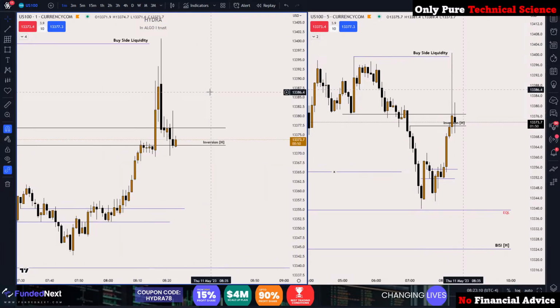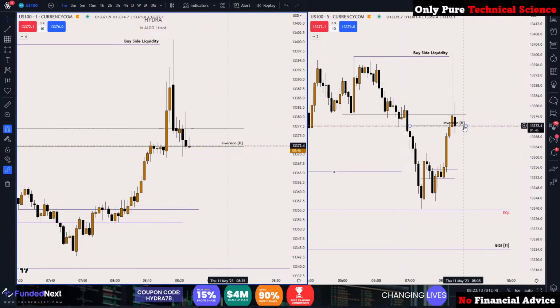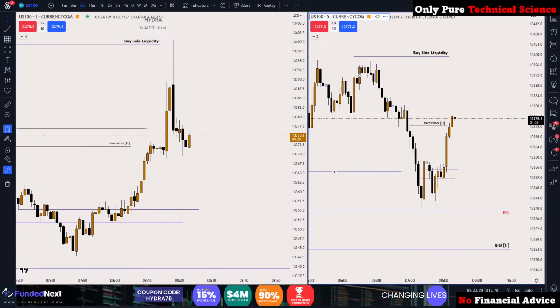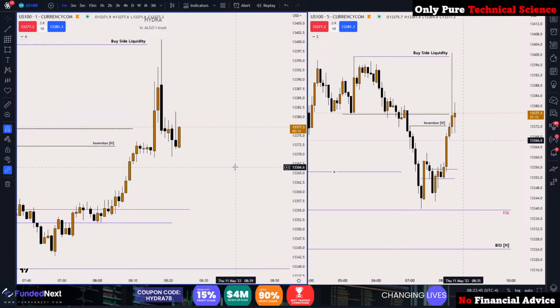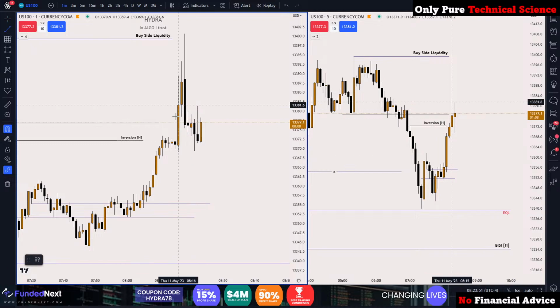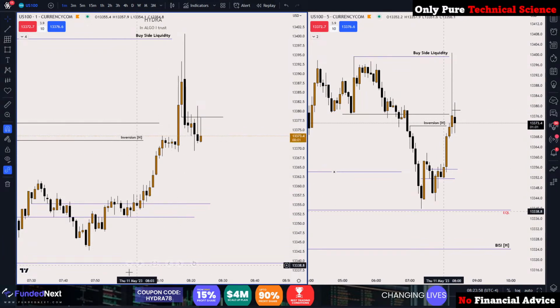Anyway, we are inside of our macro, by the way, so okay, I think I do see a trade idea from this fair value gap, okay? This is a fair value gap and I'm expecting to see this fair value gap getting filled.